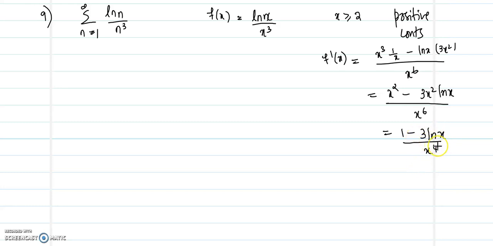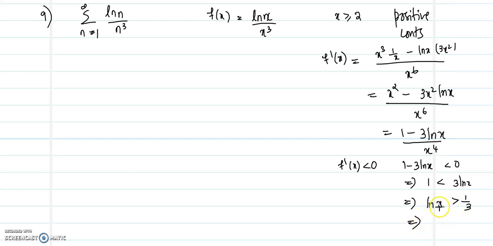So f'(x) will be negative if 1 minus 3 log x is negative, so 1 must be less than 3 log x. So we will get log x greater than 1/3. Taking exponential on both sides, we must have x greater than e to the power 1/3, which is 1.395. So all three conditions are satisfied when x is greater than or equal to 2.